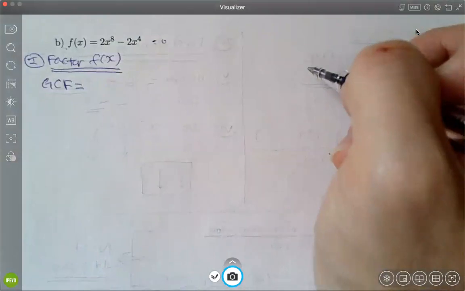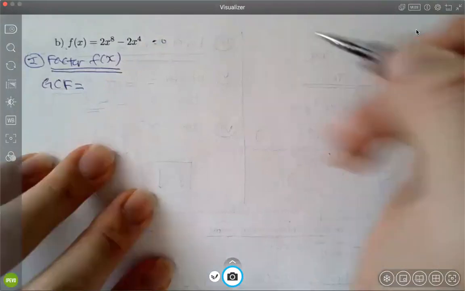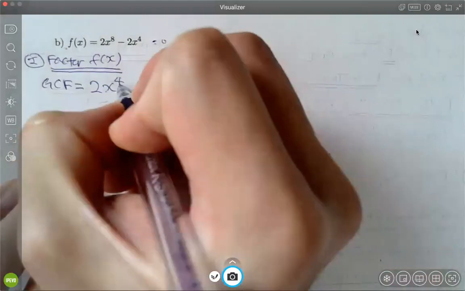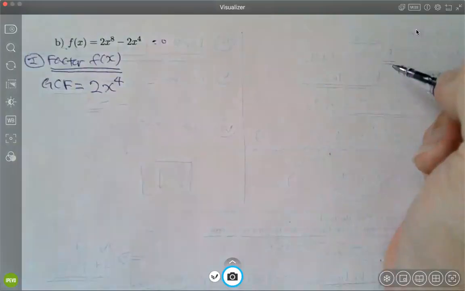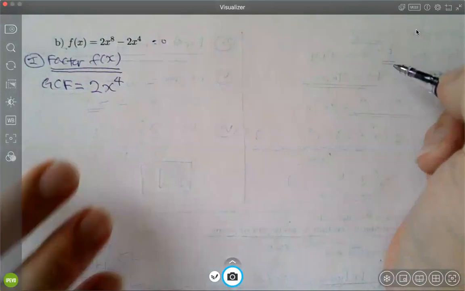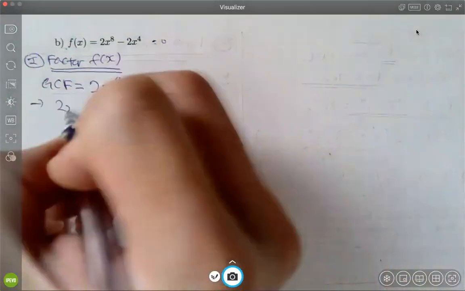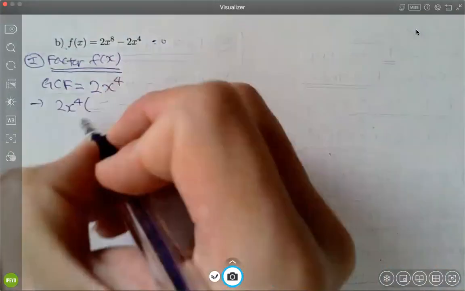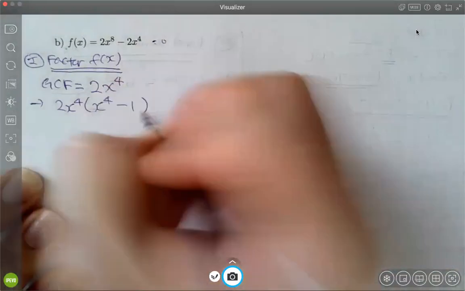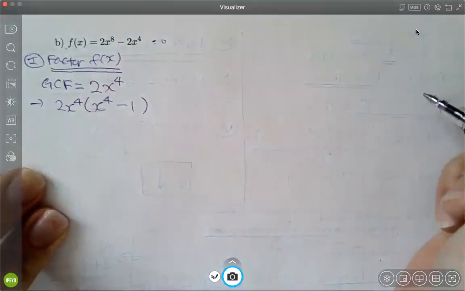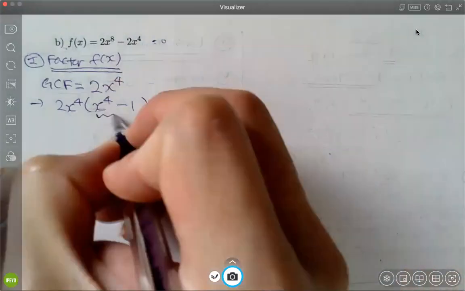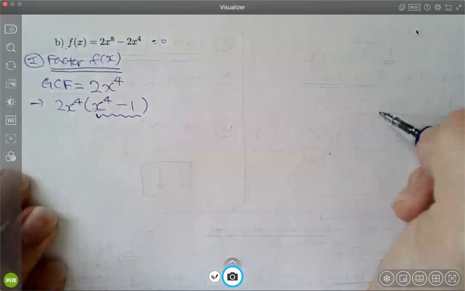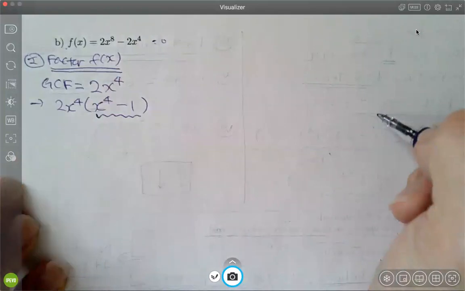And then for x, we can take out x to the what power? The 4, right? Okay. So once you take out 2x to the power 4, what do you have? X to the fourth minus 1, right? Okay. And now, can you factor this x to the fourth minus 1 further?